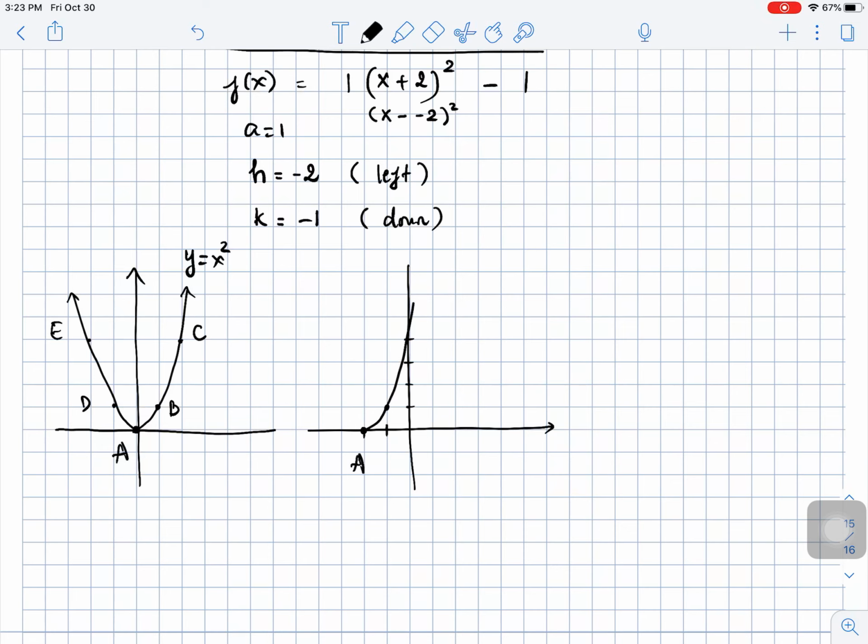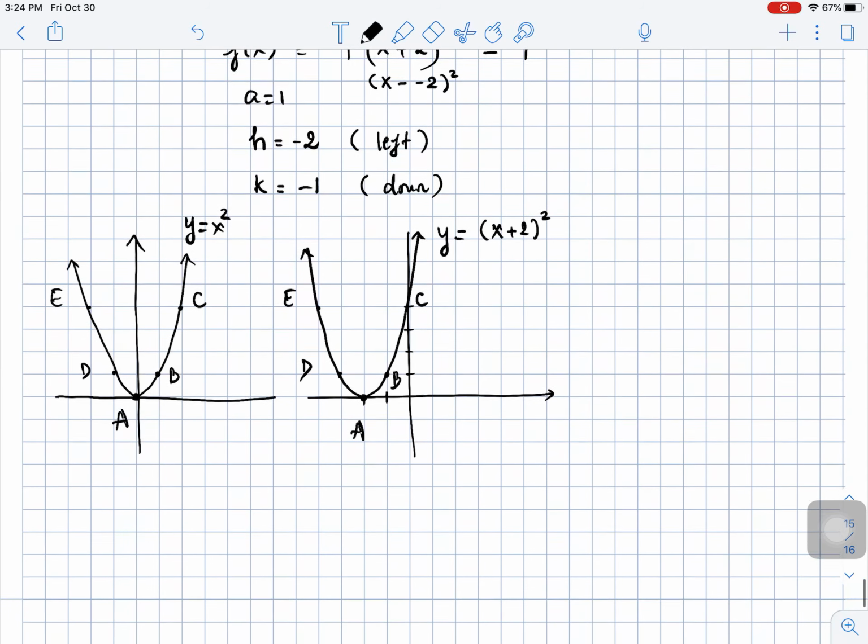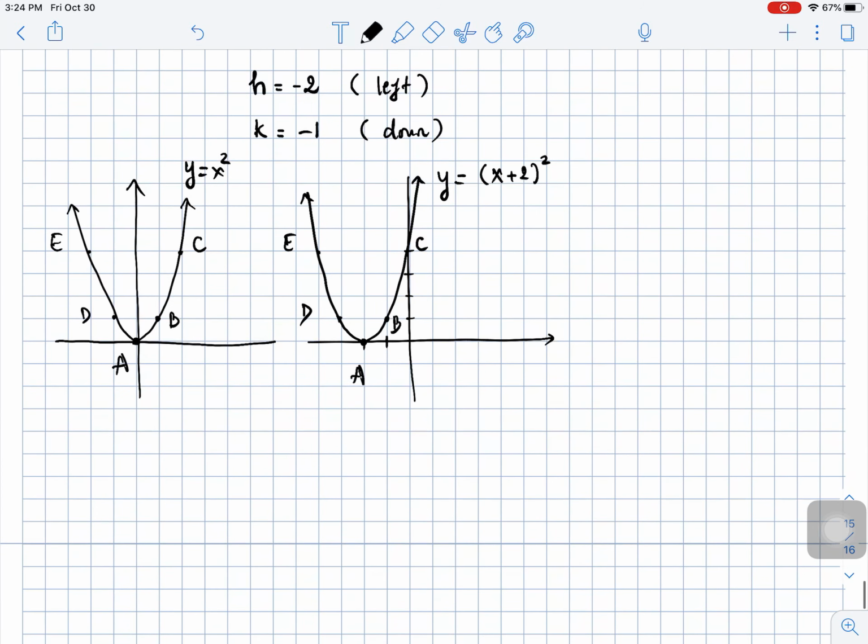So this is the y equal to x squared graph. And now we want to do the h. We will move the graph of the function 2 steps to the left. So the point A will land on negative 2, 0. And the point C will land on 0, 4.